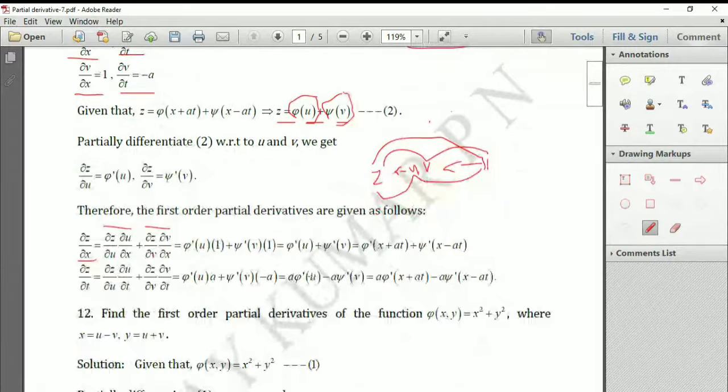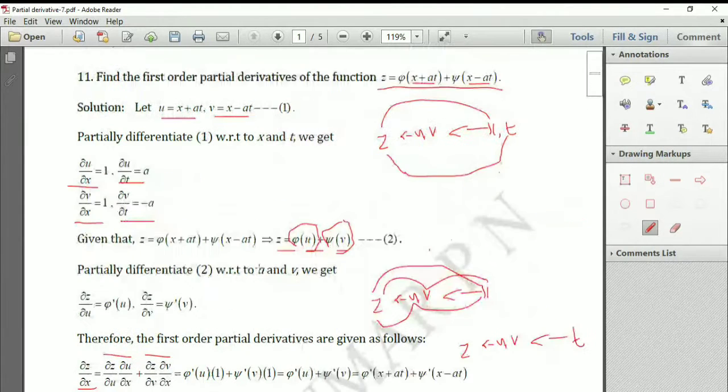Similarly, now let us consider the partial derivative of this with respect to t. Whenever there is a rate of change in t, z also changes. Why?